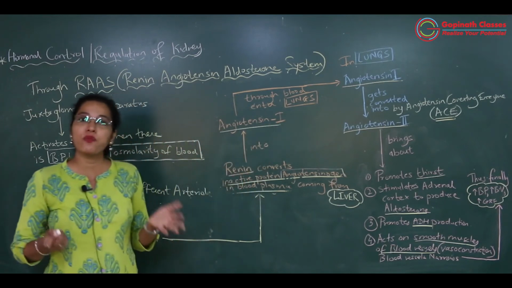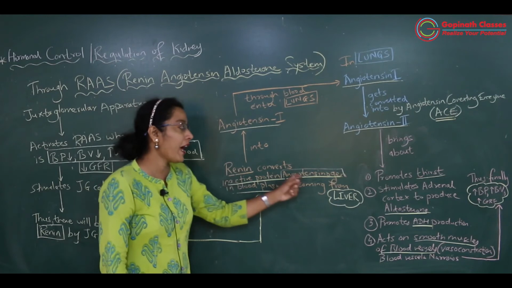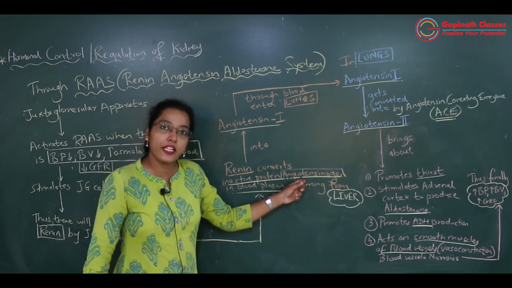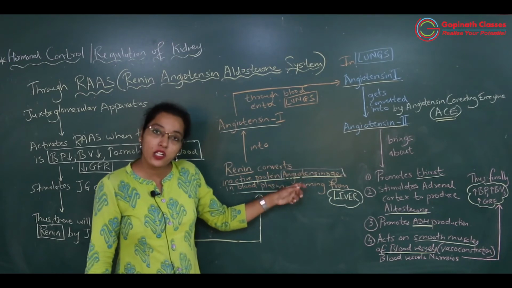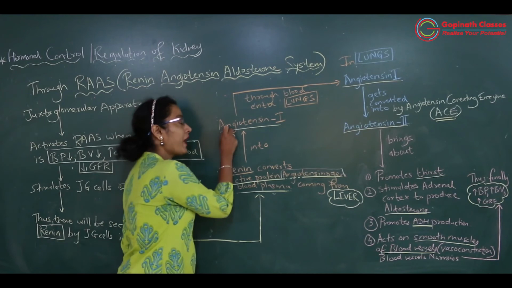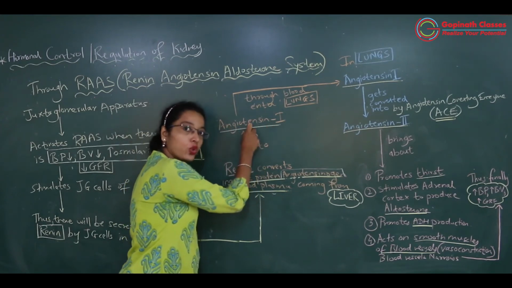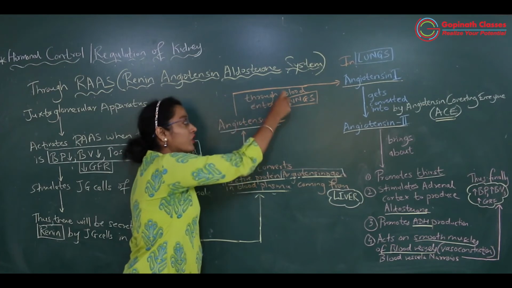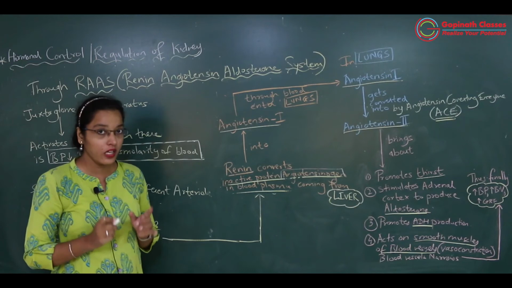But angiotensin 1 is also not fully active. So renin will act over the inactive angiotensinogen, and it will convert inactive angiotensinogen into partially active angiotensin 1. Angiotensin 1 will enter the blood capillaries surrounding the lungs.